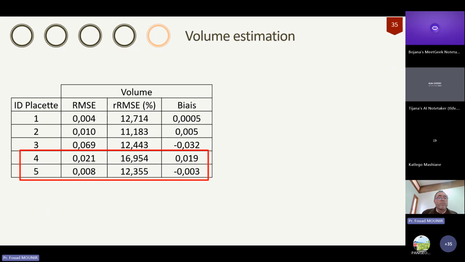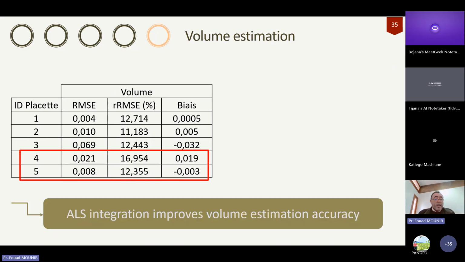But compared to plots 4 and 5, we do have a lower RMS than plots 1 to 3. Then the ULS integration improves volume estimation accuracy, because in plots 4 and 5 we use only TLS, but in plots 1, 2 and 3 we use both TLS and ULS data.